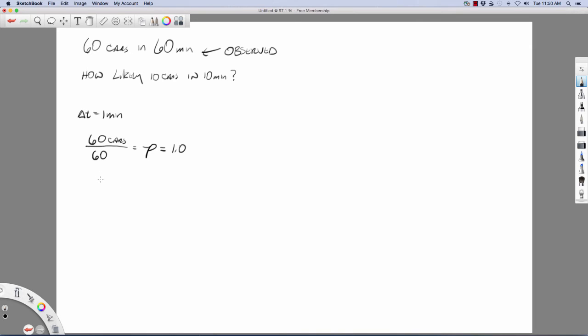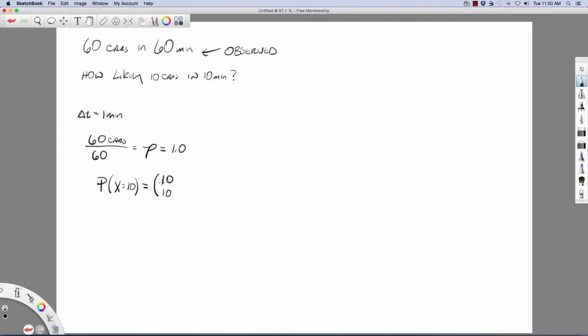So to answer the question of how likely 10 cars, we want the probability that x is equal to 10, modeled as a Bernoulli sequence and the distribution given to us by a binomial distribution. In 10 minutes, with a 1 minute interval, we've got 10 possible ways that we can make this happen, and x is equal to 10.